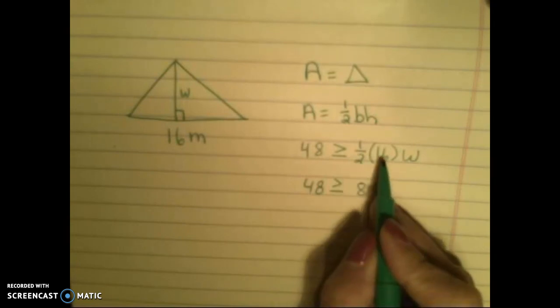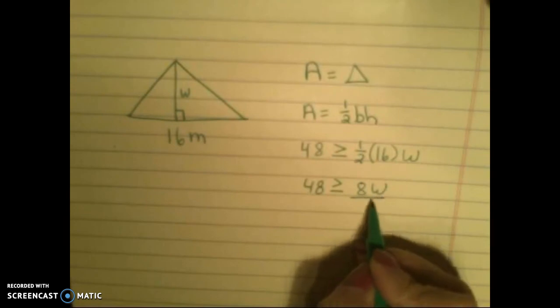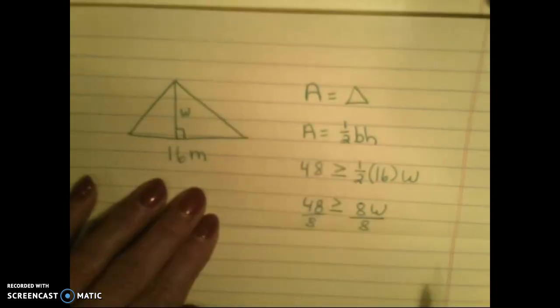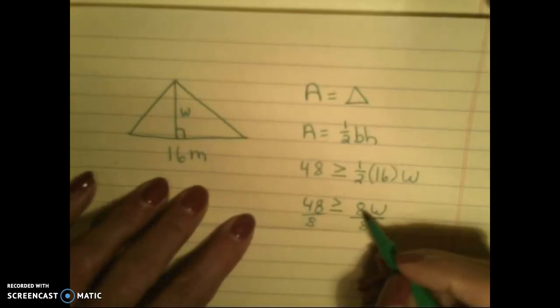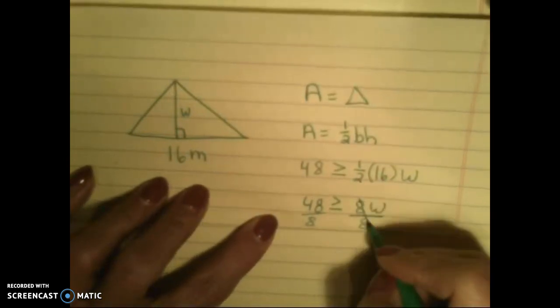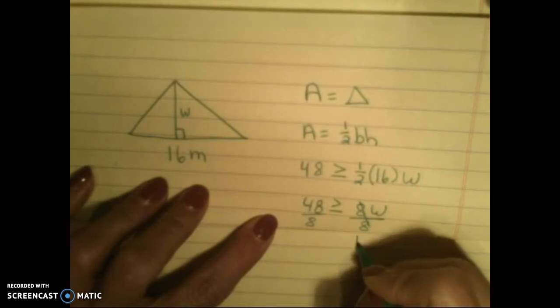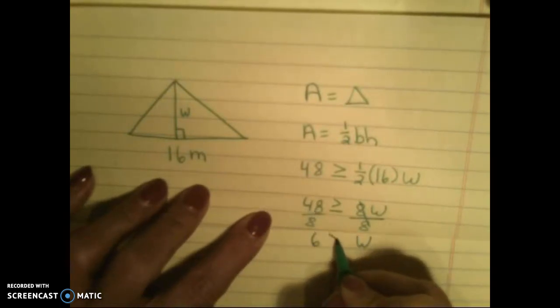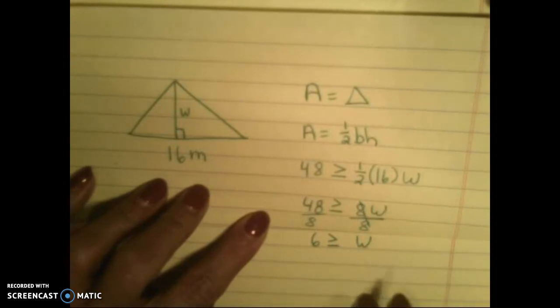This is a two-step inequality. It involves multiplying and then dividing. So now I'm going to divide by 8, since this is a positive 8. Now I have 8 divided by 8, these cancel out. Now I have W, and 48 divided by 8 is 6, is greater than or equal to W.